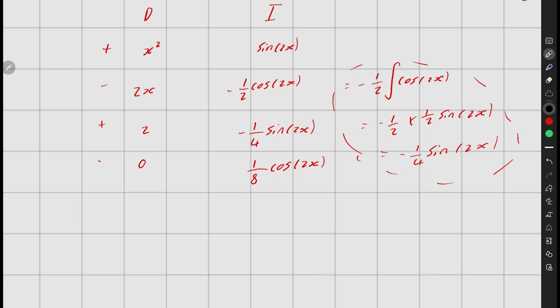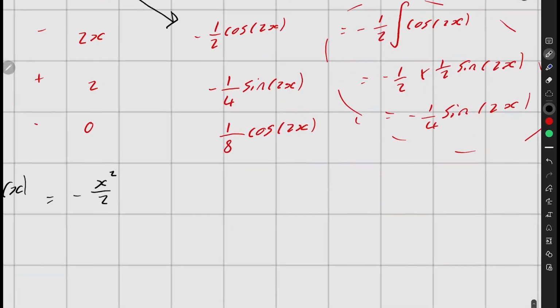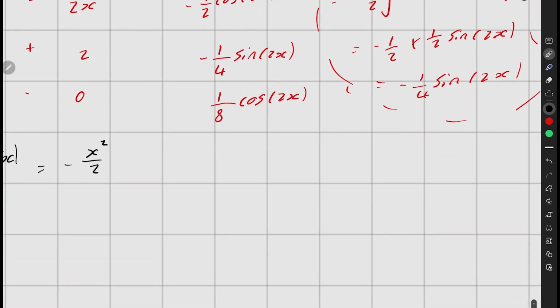So the integral, we'll call it f of x, is equal to negative x squared divided by 2 cos of 2x.